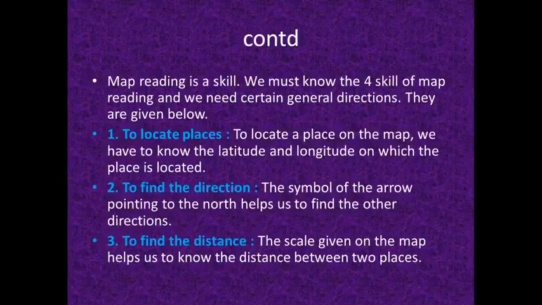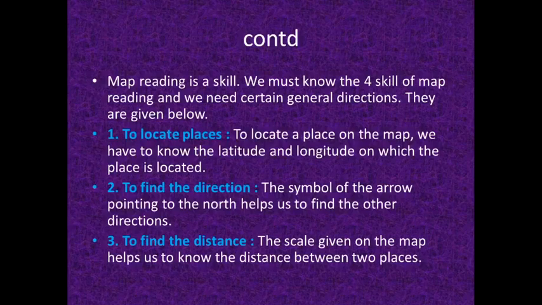Next we continue. Map reading is a skill. We must know the skills of map reading, and we need certain general directions. They are given below. To locate places on the map, we have to know the latitudes and longitudes on which the place is located.